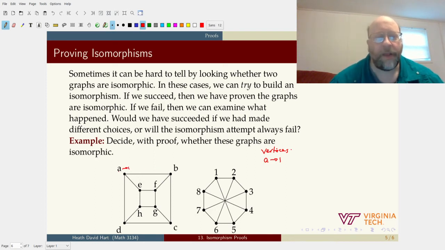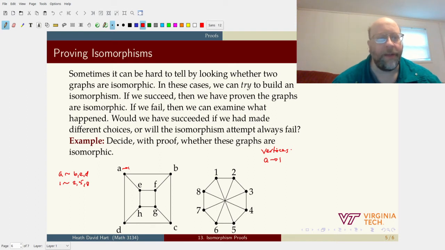And now one of the things I notice is that A is connected to B, E, and D. So A is adjacent to B, E, and D. And 1 is adjacent to 2, 5, and 8. All right.